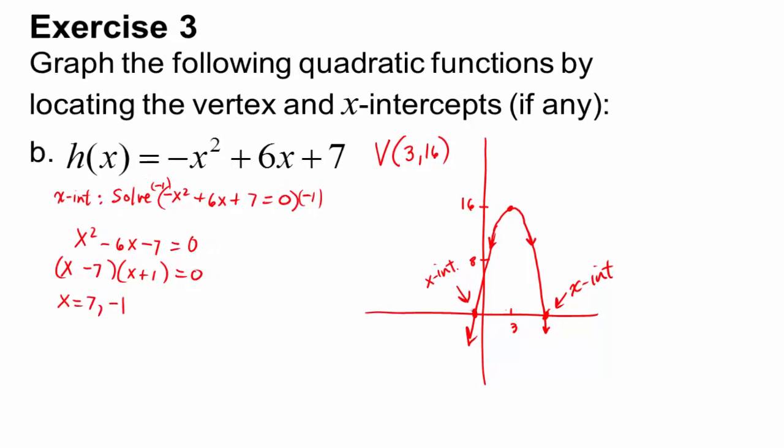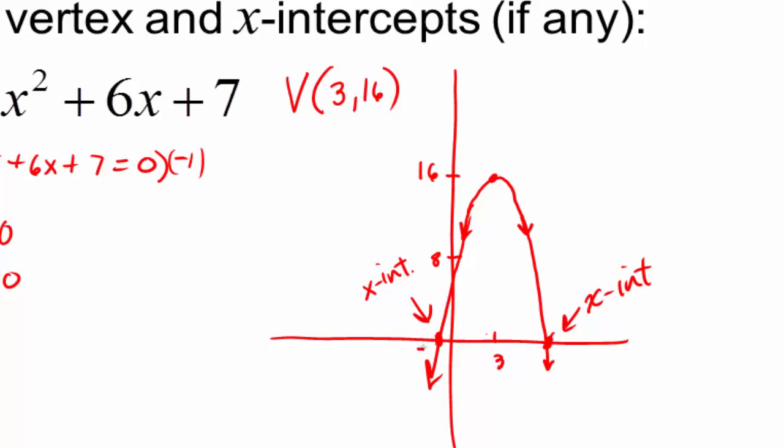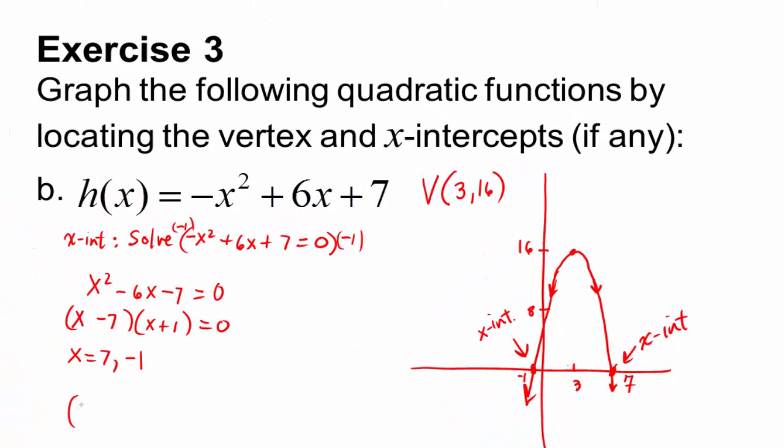So that means this notch here is where x is -1, and that's where x is 7. So what are the x-intercepts? It has to be expressed in ordered pairs. So you have -1, 0, and 7, 0. So there it is. That's -1, 0, and 7, 0.